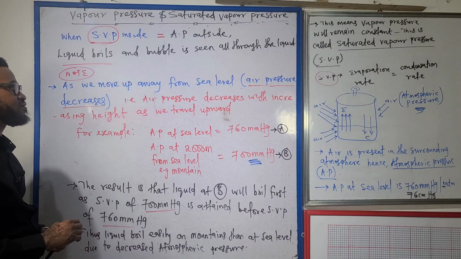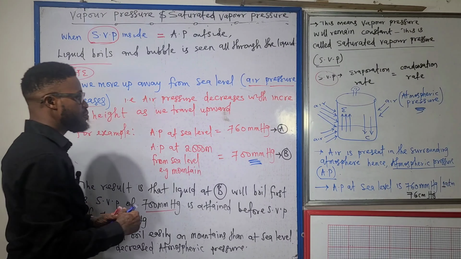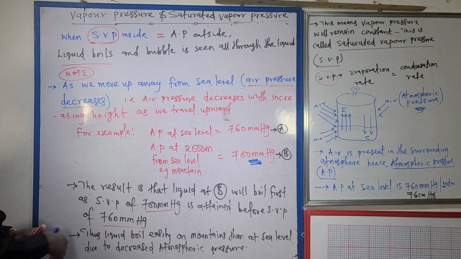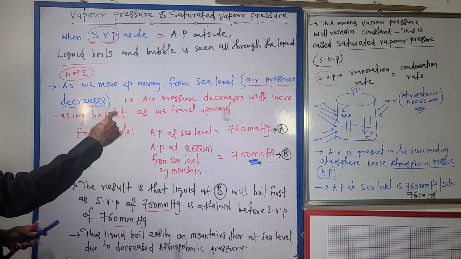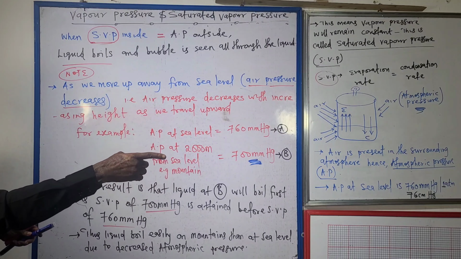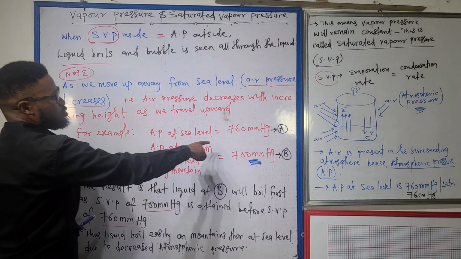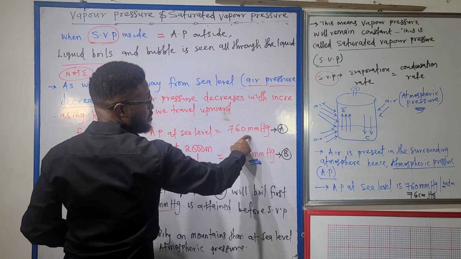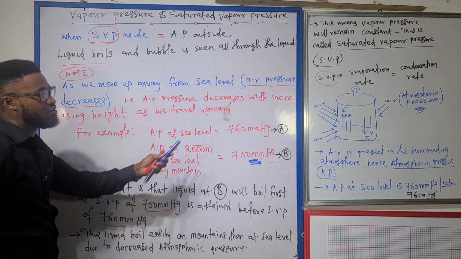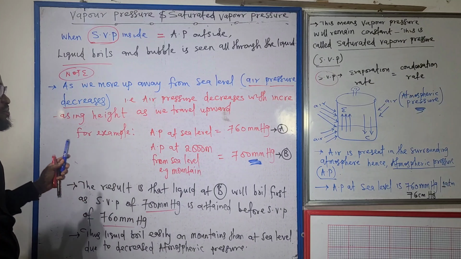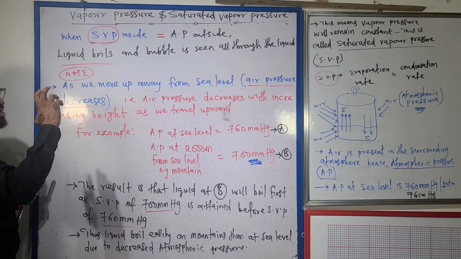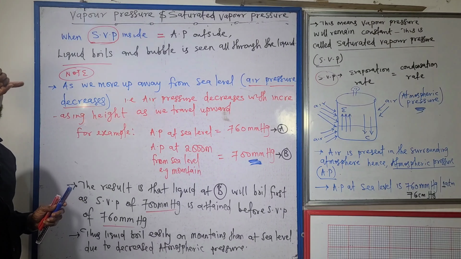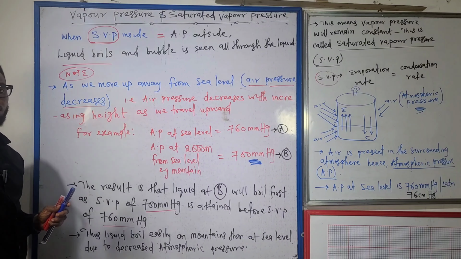And the implication of that is this: it is easier for me to attain a saturated vapor pressure of 700 millimeter mercury, so that boiling takes place very easily, than to attain a saturated vapor pressure of 760. So the implication is that liquid boils more easily with increasing height. Liquid boils at the mountain top more easily than at sea level.